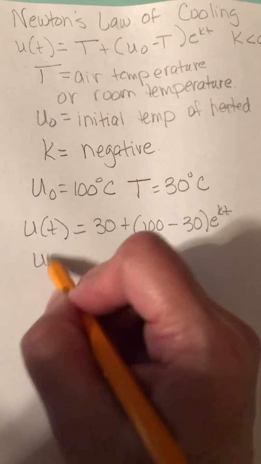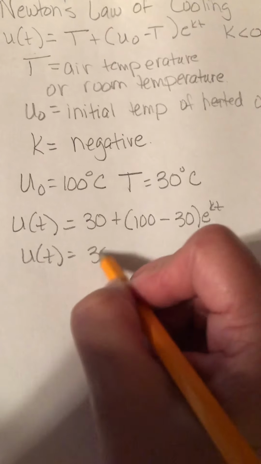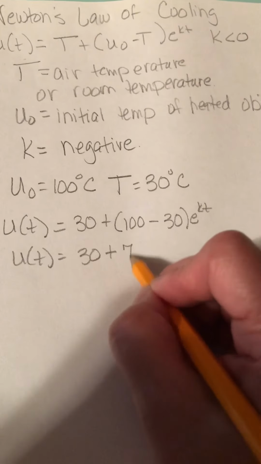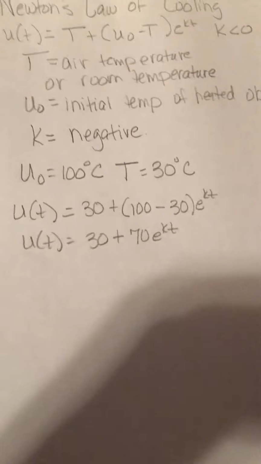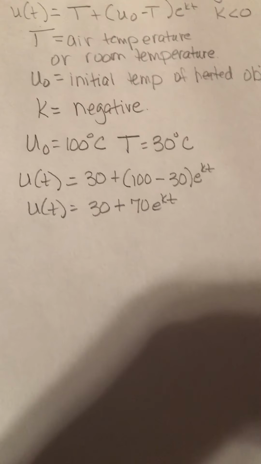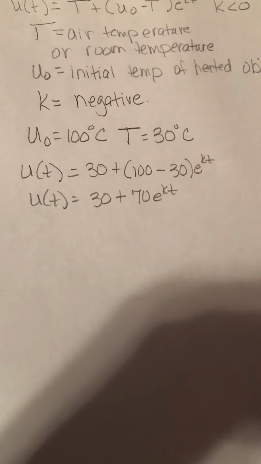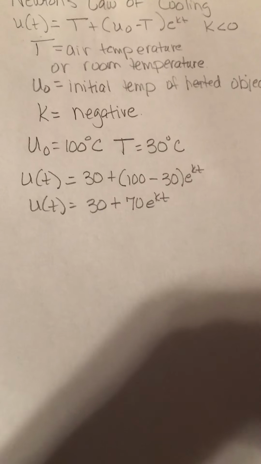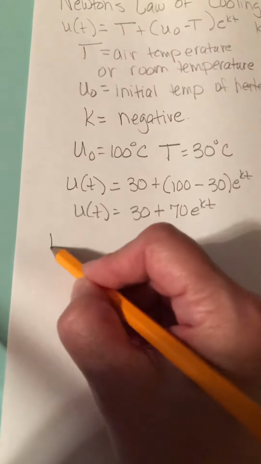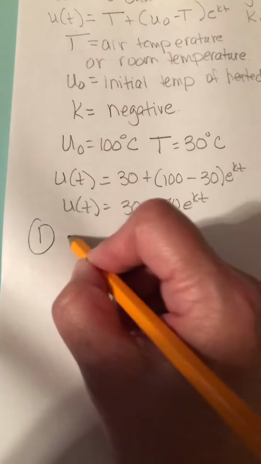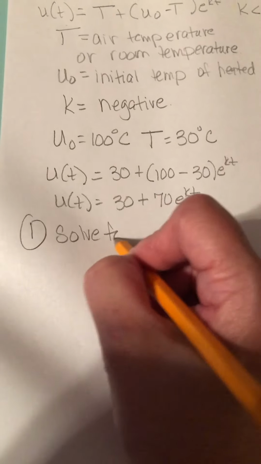So let's simplify what we have here. 100 minus 30 is 70. So this is my basic function, my generic function. Notice I don't have a k or a t. So the first thing I'm going to solve for after I write my generic function is k.